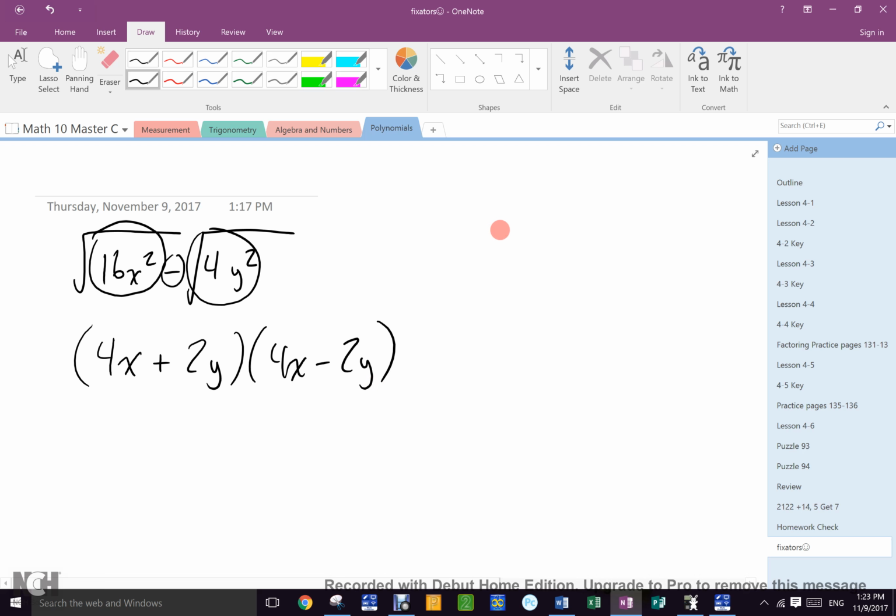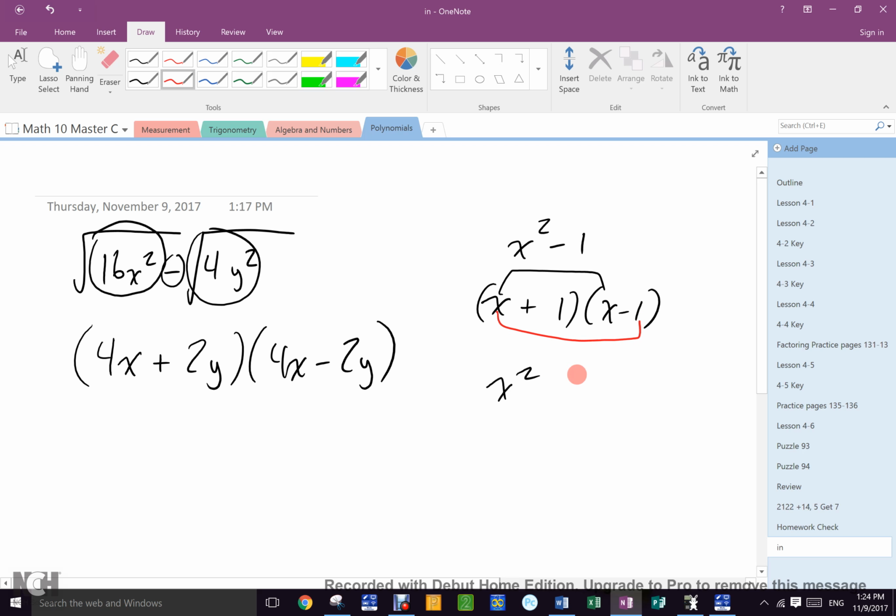All right, so let's do a really easy one. x squared minus 1. Is that a perfect square? So it's x, right? Is that a perfect square? So it's 1. Now, plus, minus. If I expand this, x times x gets me x squared, yes? x times negative 1 gets me negative x, yes? x times positive 1 gets me positive x, yes?